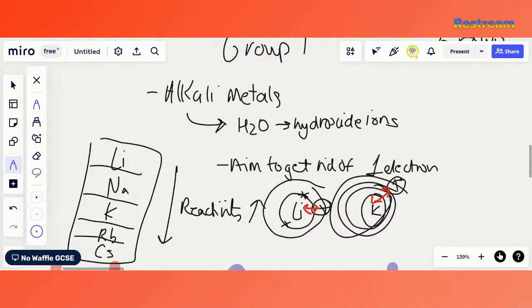So in lithium, clearly, because the nucleus is physically closer to the electron, it's harder for it to go. However, in potassium, because it's separated by loads of layers, the nucleus is more distant from the electron, and therefore the electron is more willing to move, and therefore as you go down the group, there is increasing reactivity. Now, you may be asked this question a lot: why does it increase in reactivity here? And this is exactly what you need to say.